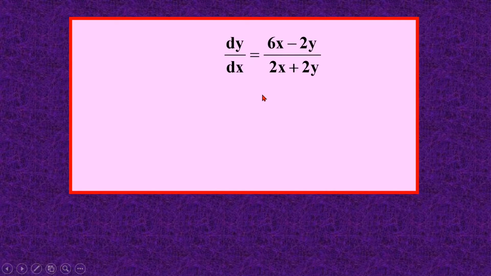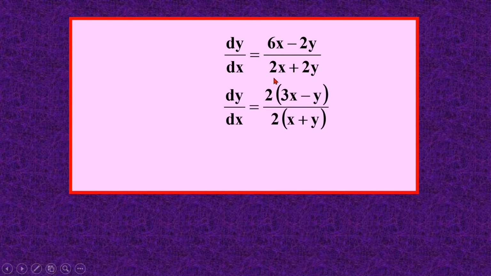So I will end up with something like this. Now once I'm here, I already get my dy dx. But there is still things to simplify. So I can simply factorize that out and simplify it away. That is my answer.